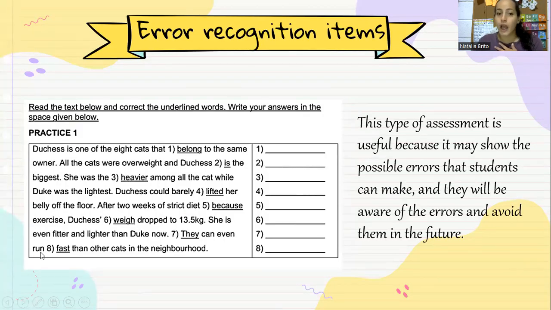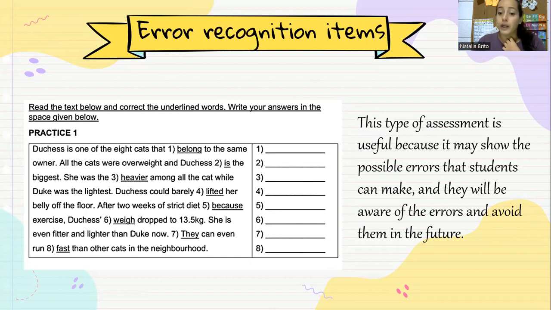Here's the first example about assessing grammar: error recognition items. Okay, in this case, students have to read all the text and look for the errors and also correct them. In my opinion, this type of assessment is very useful because it may show the possible errors that students could make.